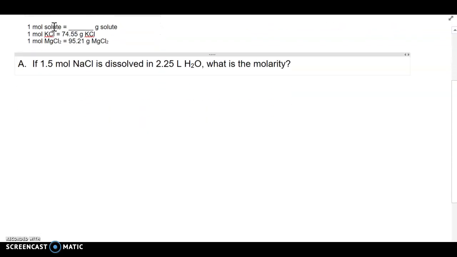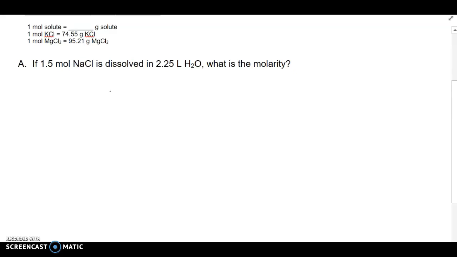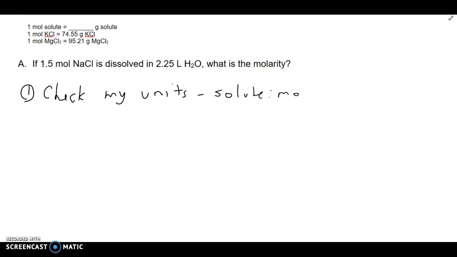So first thing I need to do, step number 1, is check my units. I want to know that my solute is in moles and my solvent, or the liquid, is in liters.